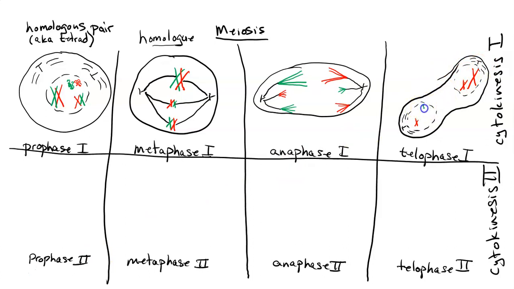So we have the large green on this side because the large green and the small red were together. And we have the medium green on this side. And we have the small green over here. And these are in these locations because of the way they were arranged in anaphase. Now, once telophase is complete, find my cursor here.